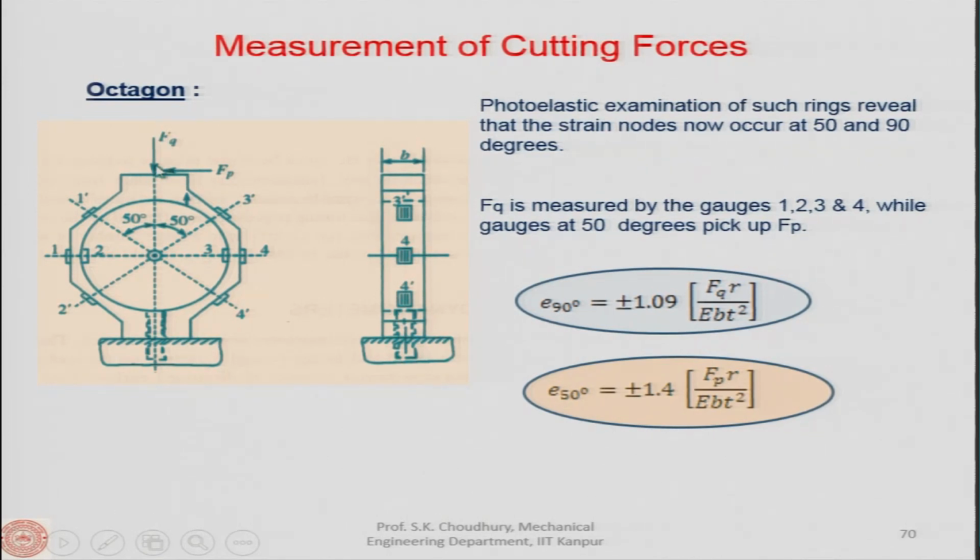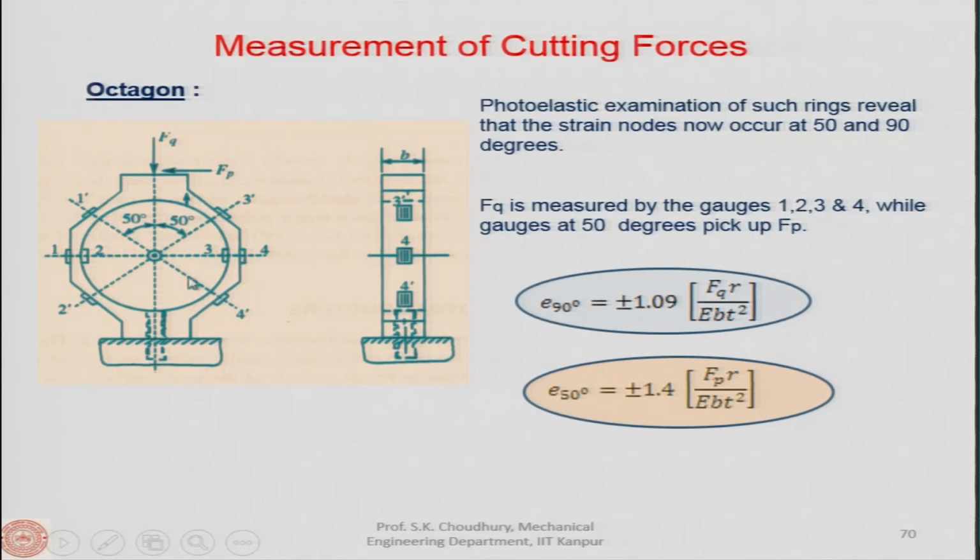FQ, which is the thrust force or normal force, will be sensed by sensors attached at an angle of 90 degree, 1, 2, 3 and 4. And the axial force or tangential force FP will be sensed by the sensors attached along the 1 prime 4 prime and 2 prime 3 prime, or along this axis, that is 1 prime 2 prime 3 prime and 4 prime.